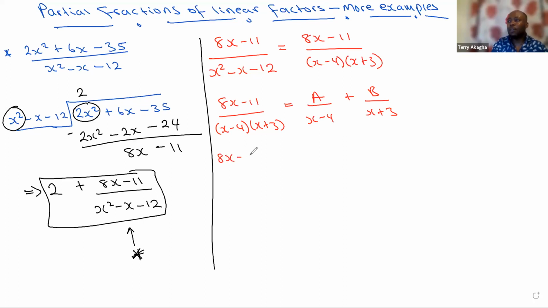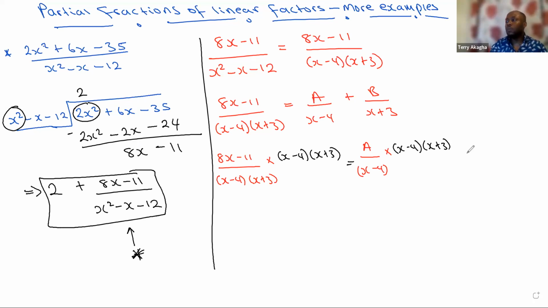We have 8x minus 11 divided by x minus 4, x plus 3, multiplied by the denominator, x minus 4, x plus 3, is equal to A over x minus 4 multiplied by the same denominator, x minus 4, x plus 3, plus B divided by x plus 3, multiplied by the denominator.